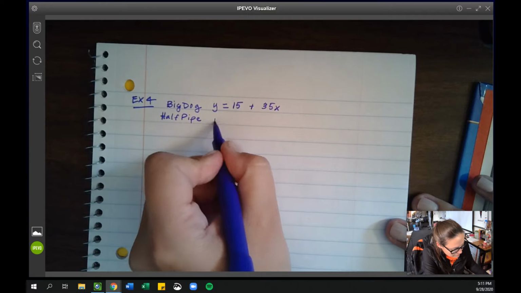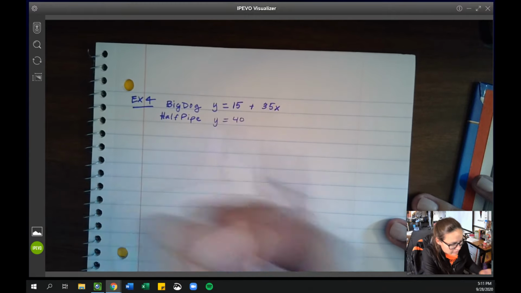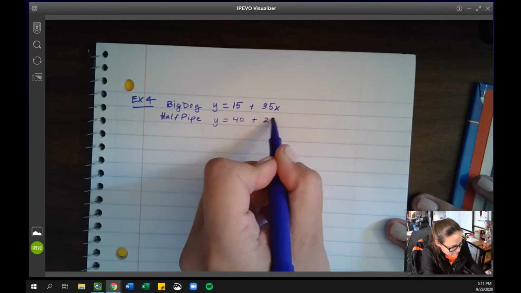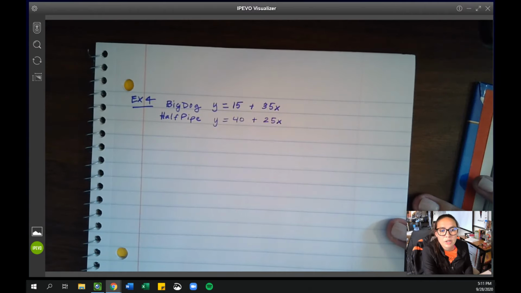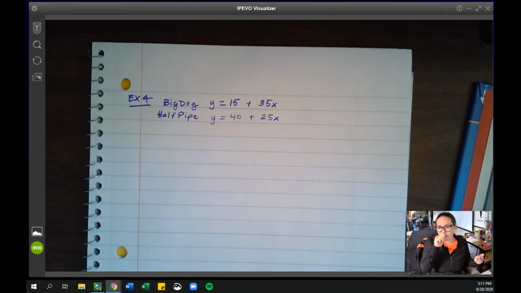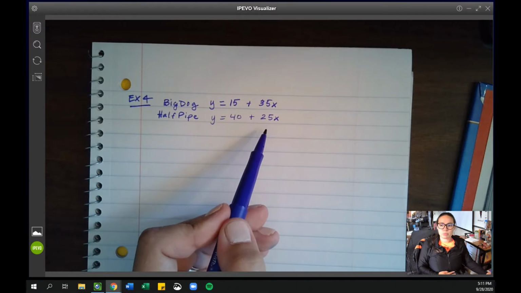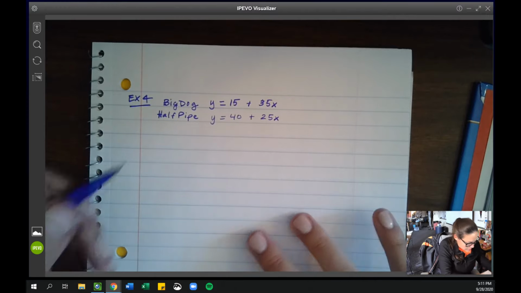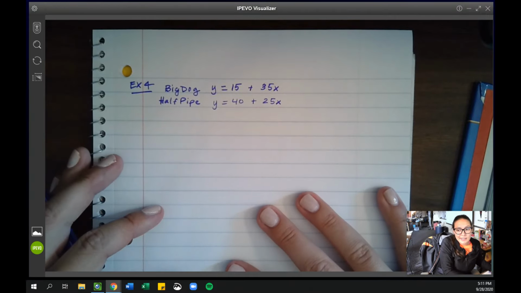Half Pipe, you pay $40 for equipment. However, you only pay $25 per hour. Now, these are two lines that we know how to graph, and we're going to find where they intersect. And we know they're going to intersect because they have different slopes.